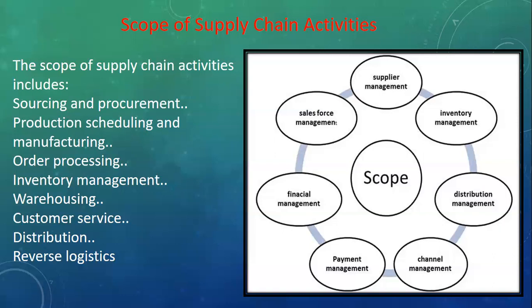Sometimes you may receive a high-demand order, so accordingly you increase the production, and sometimes you receive a low, short order. In such a case you need to reduce the production. So this is a very important activity.